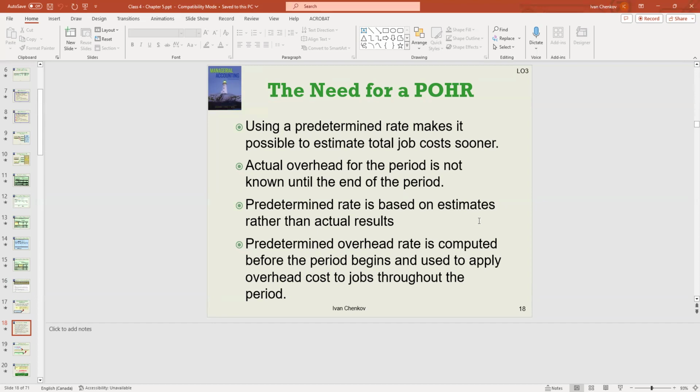Because trust me, every company, whether in service, construction, or production, has a manufacturing overhead rate.